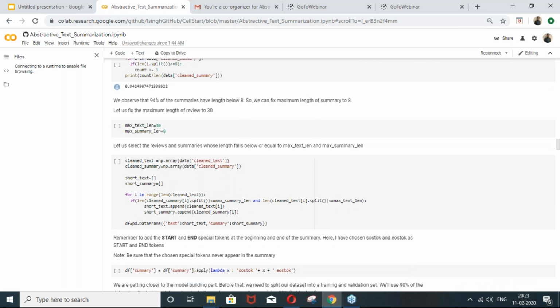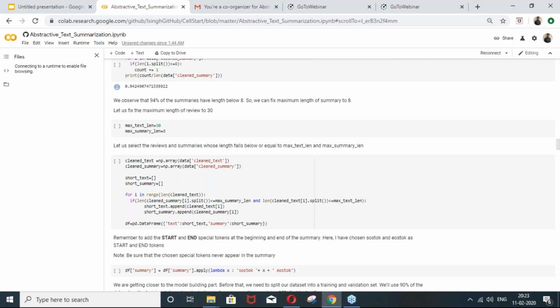Remember I taught something about tokenization. Here comes a picture for the tokenization. After selecting the reviews of the required length, we will add a start and an end special token to the summary, at the beginning and end of the summary.